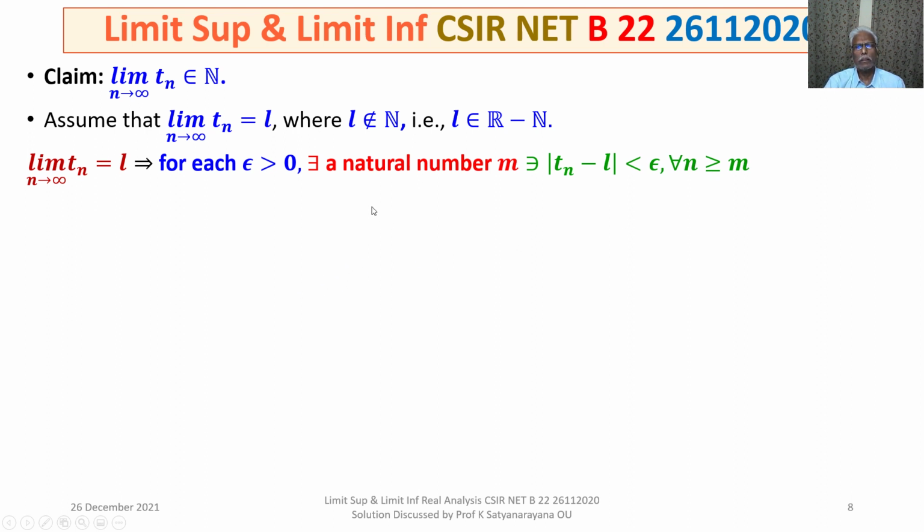This implies t_n belongs to the neighborhood with center L and radius epsilon, which is the open interval L minus epsilon to L plus epsilon, for all n greater than or equal to m.